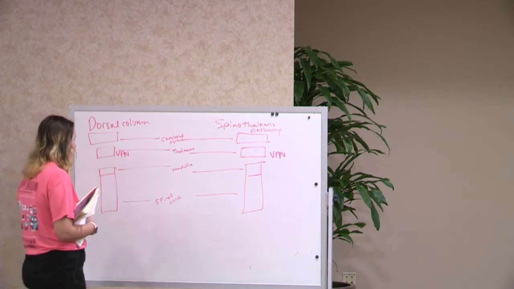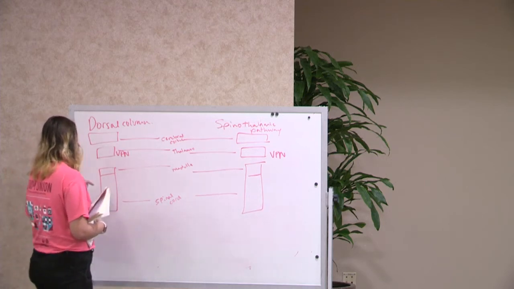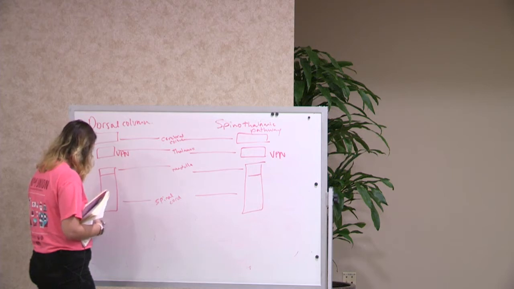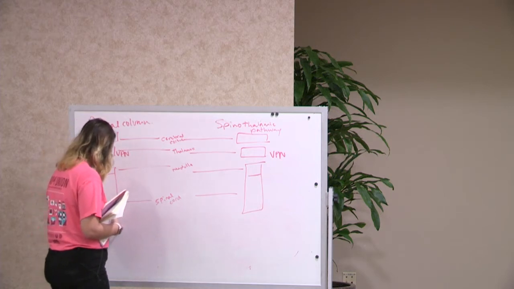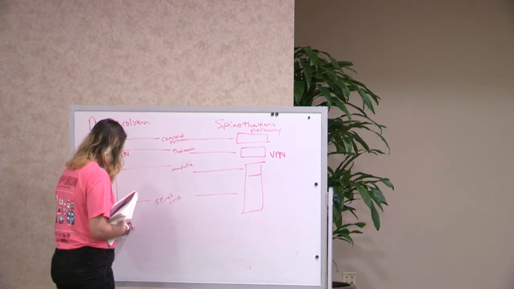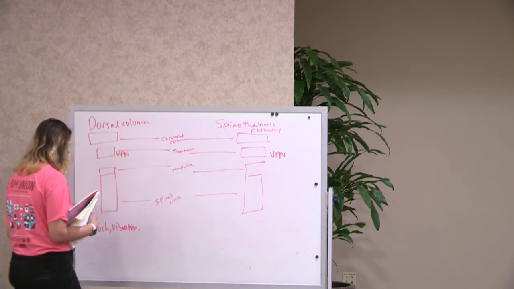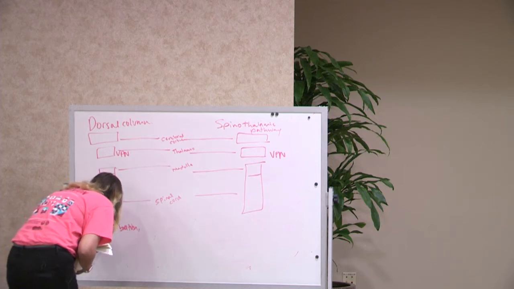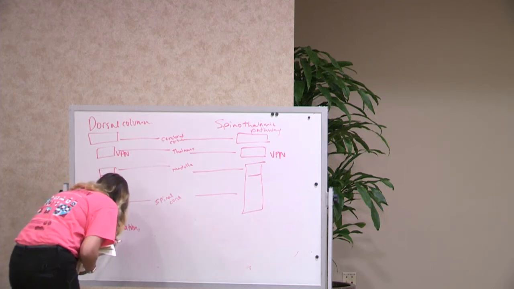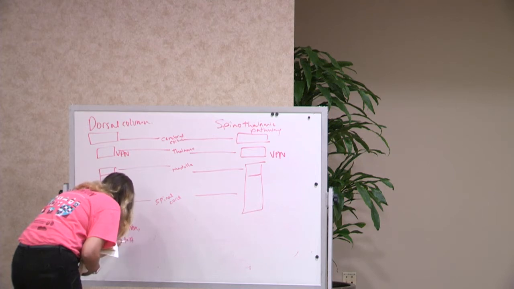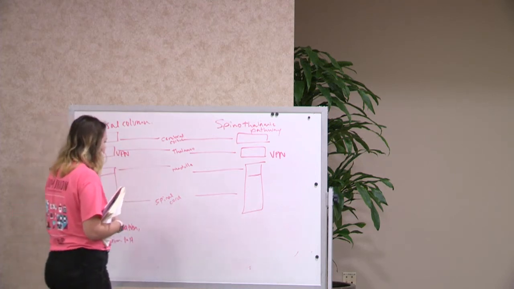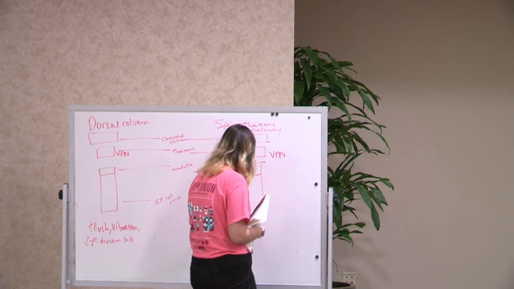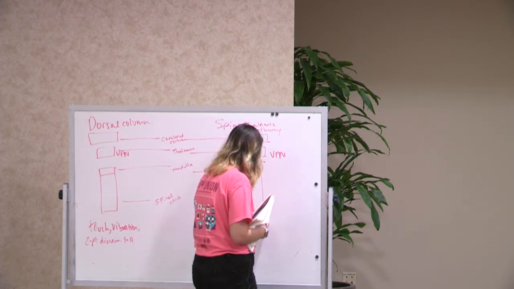With the dorsal column, the functions are touch, vibration, and the two-point discrimination test, and the spinothalamic is mainly pain and temperature with some touch.